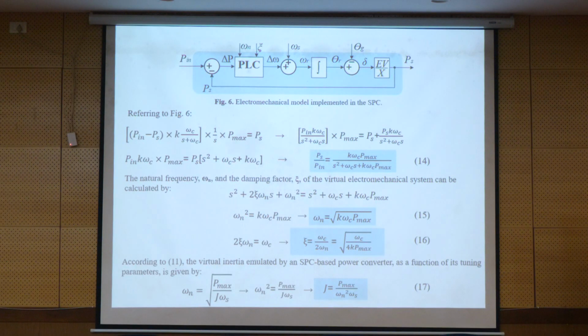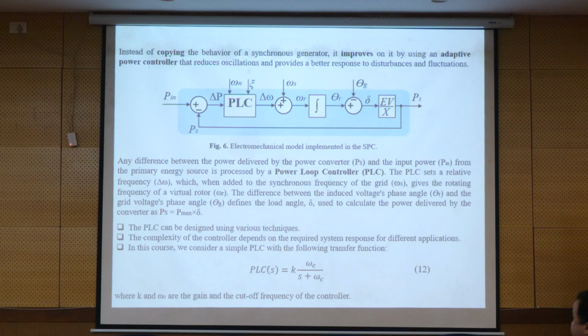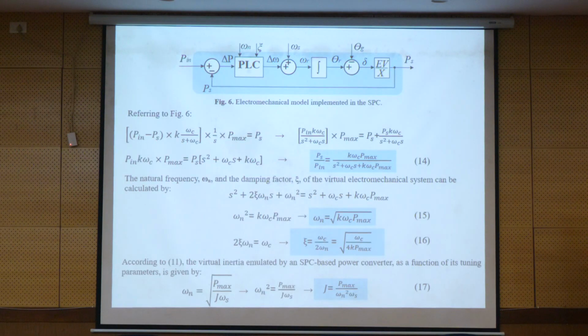So now we get back again to this model. We see that P in minus P out is delta P. We have PLC, which is K times 2 omega C plus S plus omega C. This is the model we considered here, but later you can consider different ones; this is something easy we can consider.